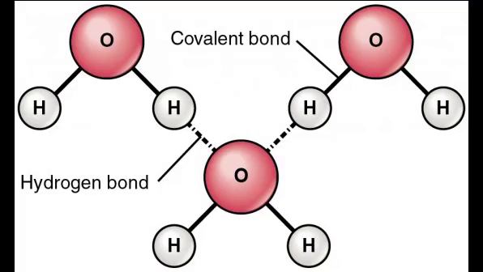Hydrogen bonding occurs because the weakly negative oxygen atom in one water molecule is attracted to a weakly positive hydrogen atom of two other water molecules. Water molecules also strongly attract other types of charged molecules as well as ions.